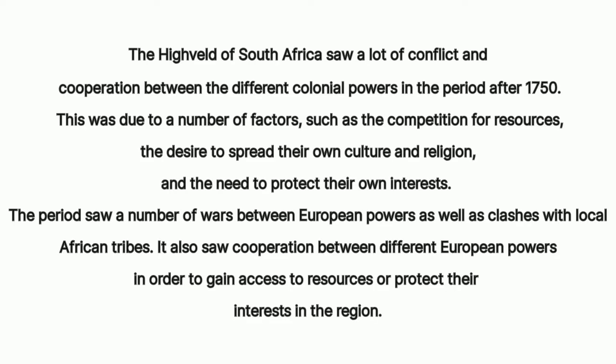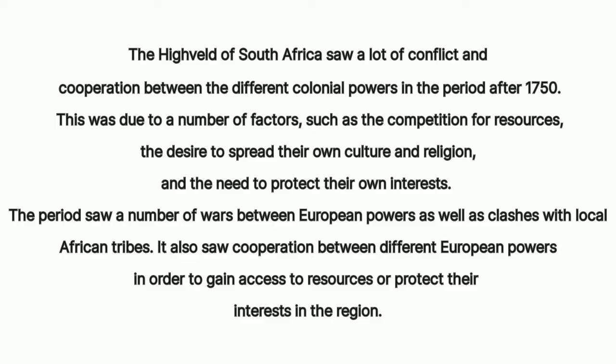The Highveld of South Africa saw a lot of conflict and cooperation between the different colonial powers in the period after 1750. This war was due to a number of factors such as competition for resources and the desire to spread their own culture and religion. Don't forget this one. Most people forget this factor, but I'm teaching you right now.